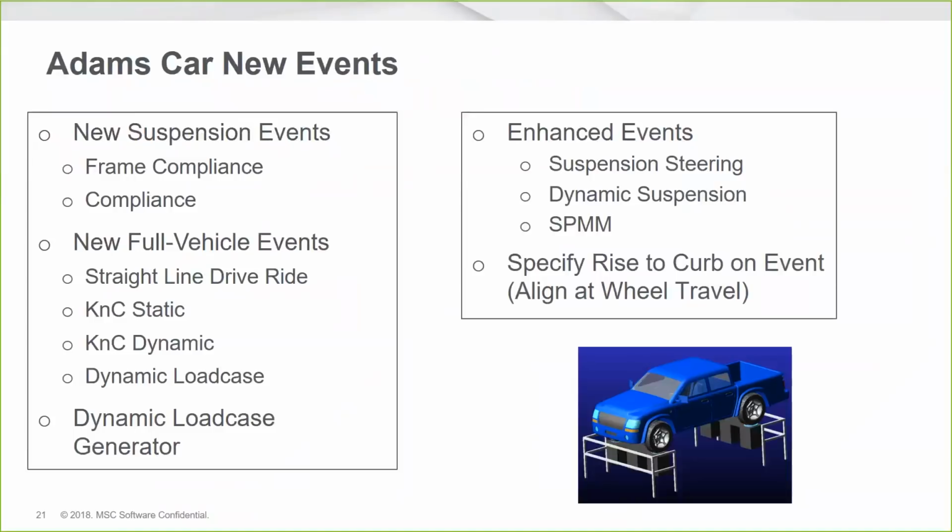That helps you determine where local body compliance most affects the overall system performance. There's a suspension analysis compliance event, used to evaluate suspension compliance under different loading conditions: lateral, longitudinal, aligning torque, and a lateral force offset.